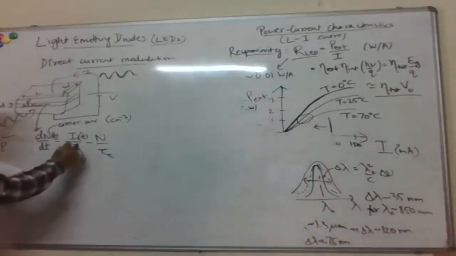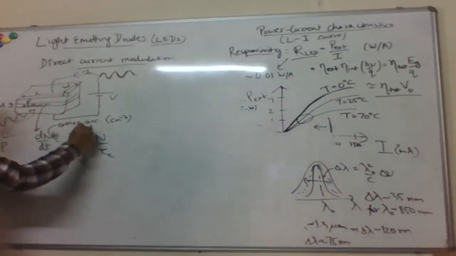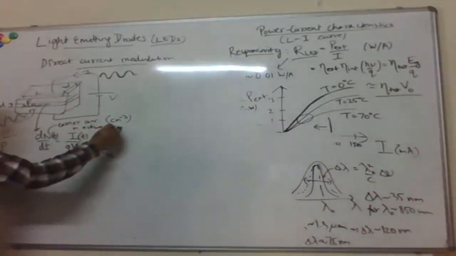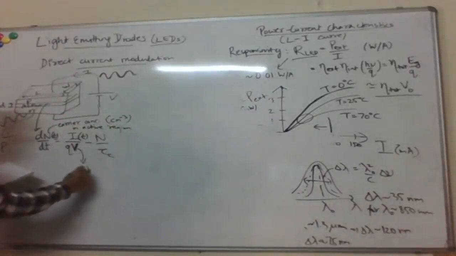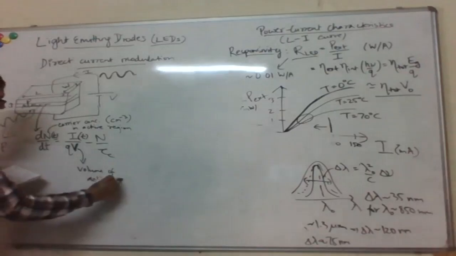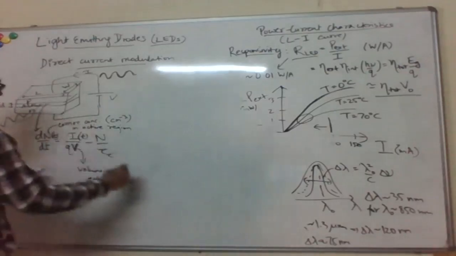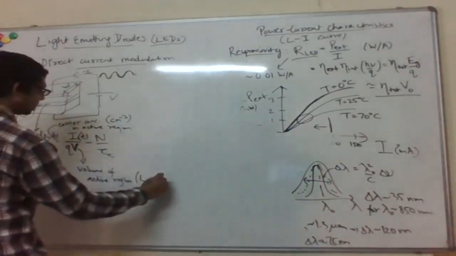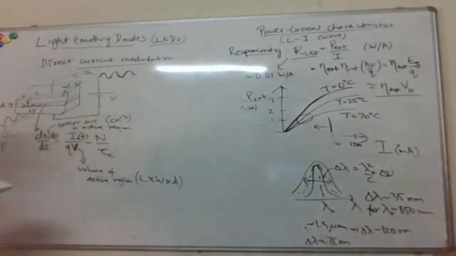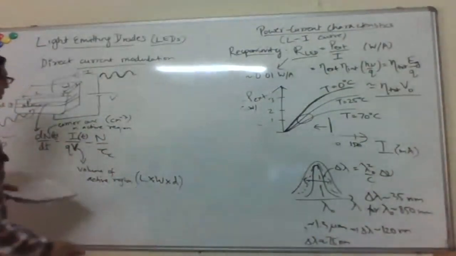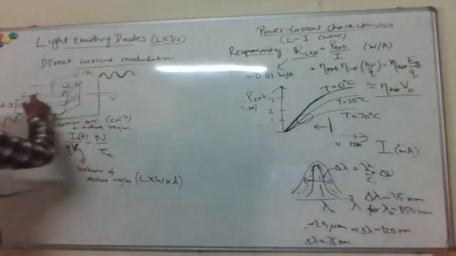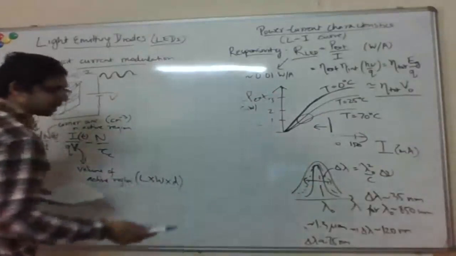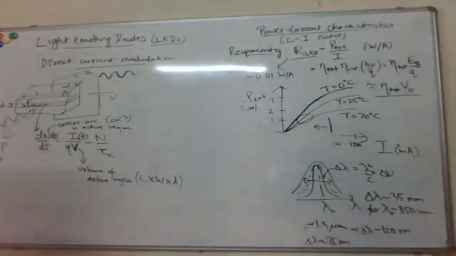So this is the volume of the active region, which is, you can see here, the length of the device times the width times the thickness of the active region. Typically length and width are maybe tens of microns, and D is like 100, 200 nanometers.